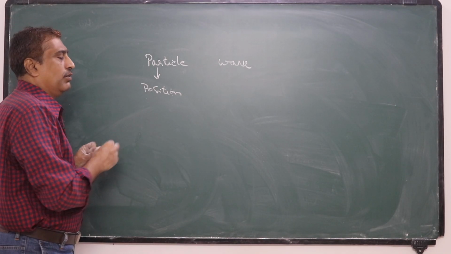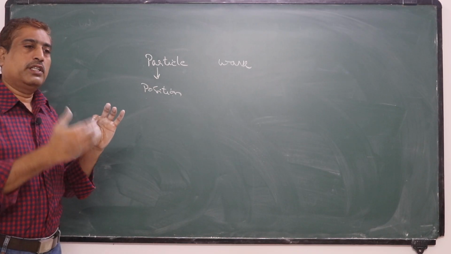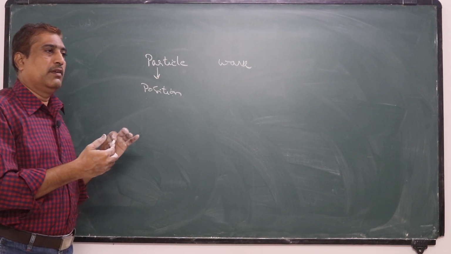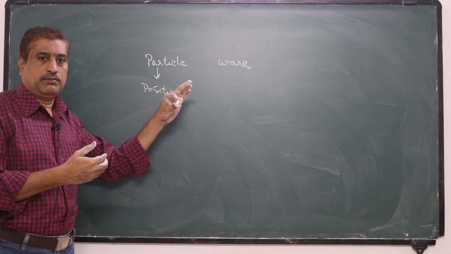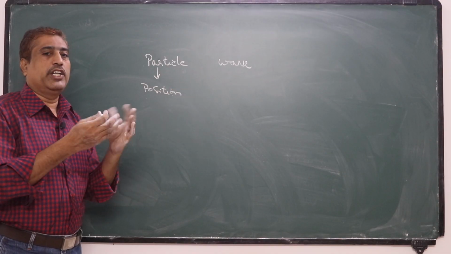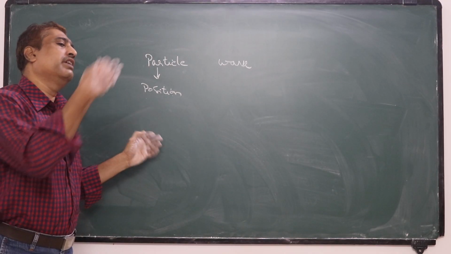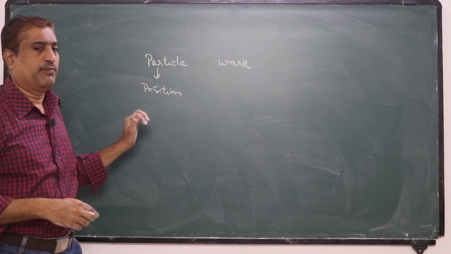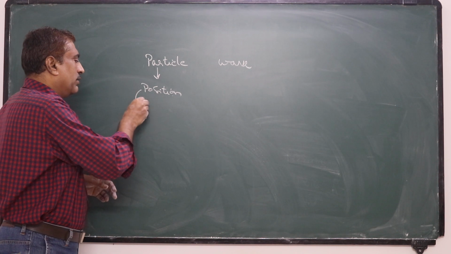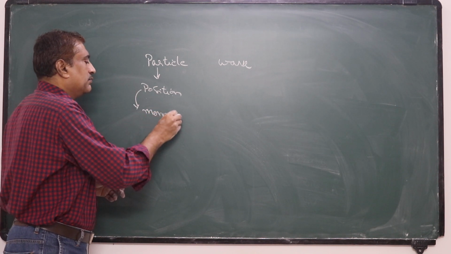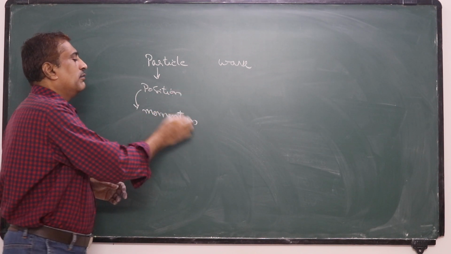It occupies less volume. Now we can measure the position of the body. We can measure velocity or momentum, every physical quantity, if initial values are known. If we know the initial position or initial velocity, we can calculate the final velocity and final momentum. So all these parameters can be measured.